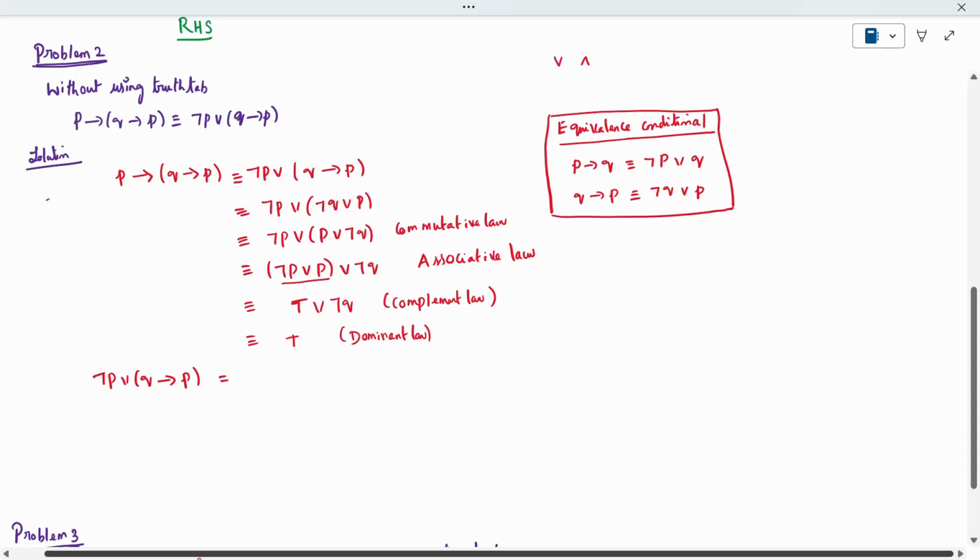Now what is our conditional rule? Q conditional on P, what is the conditional rule? Whatever parameter you have, opposite. Correct? So it is nothing but P is negation P conditional on Q.